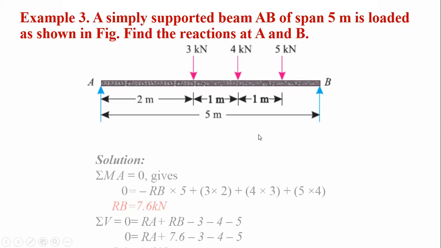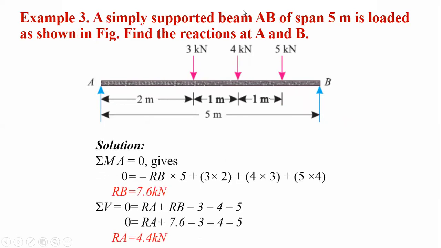To find these reactions, again we use the equilibrium conditions. First of all, we use that the moment of all the forces about any point is equal to 0. That's why we are taking the moment of all the forces about point A, so summation MA is equal to 0. Let us start with the reaction component RB.